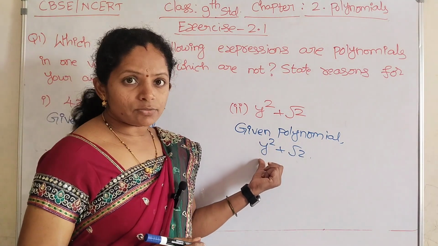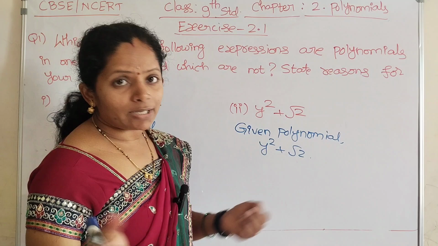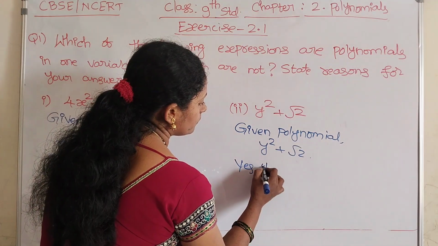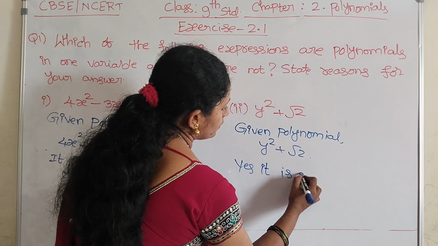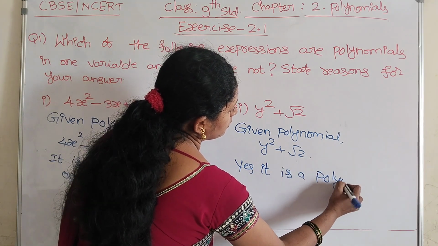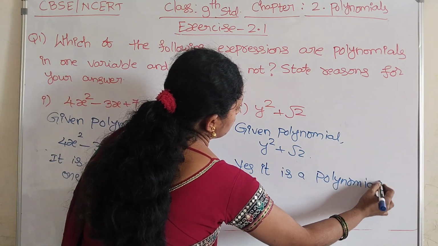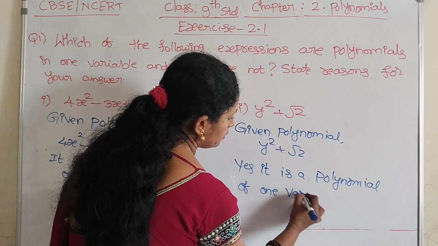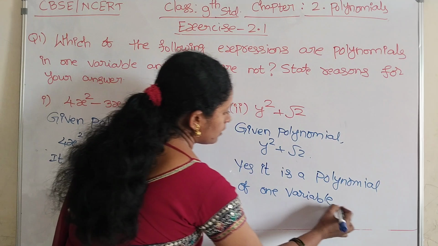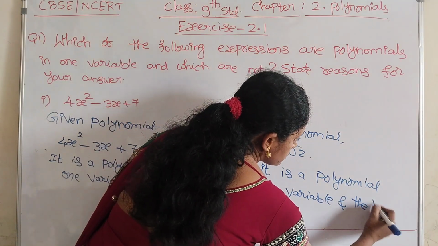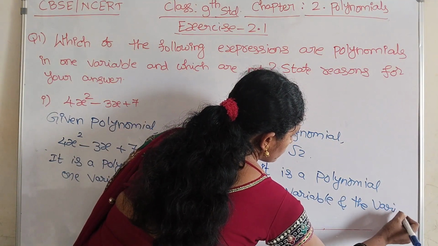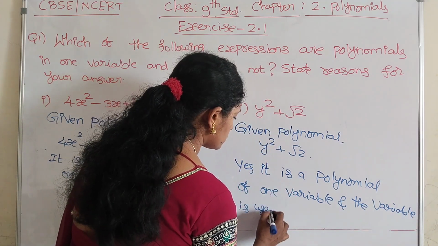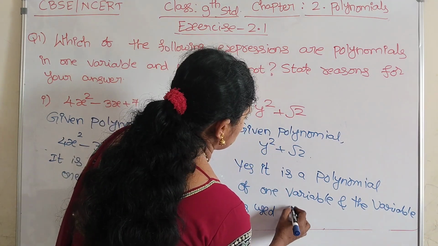How many variables are used here? Only one variable. The variable name is y. Yes, it is a polynomial of one variable and the variable used is y.